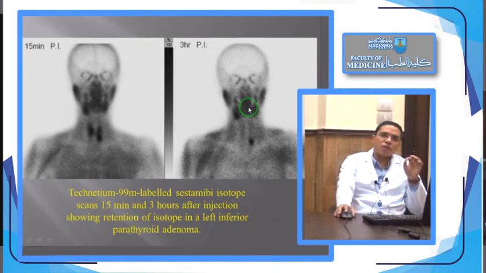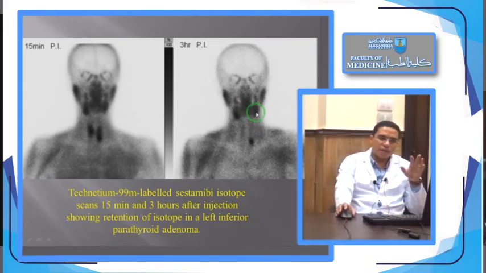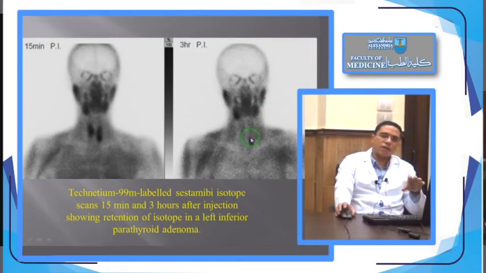It is used as a localizing study in cases of primary hyperparathyroidism to localize the abnormal parathyroid glands. Because in primary hyperparathyroidism, the treatment is focused parathyroidectomy. We go and only remove the abnormal parathyroid glands. So before going to the surgery, I have to know its position.